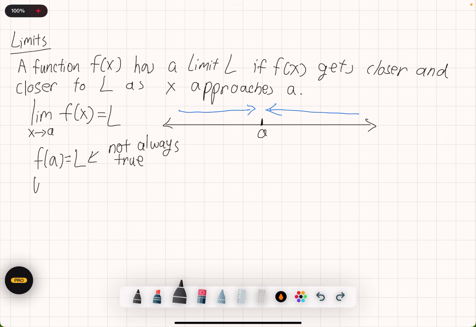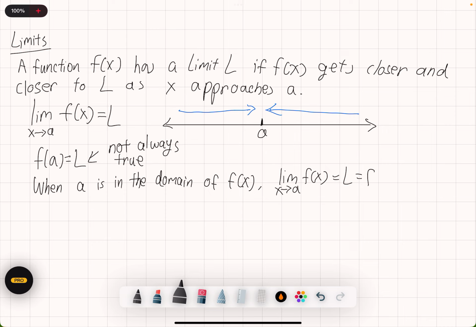Other times, however, when A is in the domain of f of x, we know that the limit of f of x as x approaches A is L, and that is just f of A.